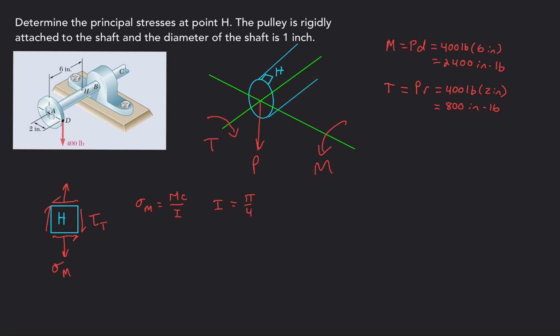Let's call it c to the 4th. Okay, so if we plug that in, we get 4M divided by pi c cubed.